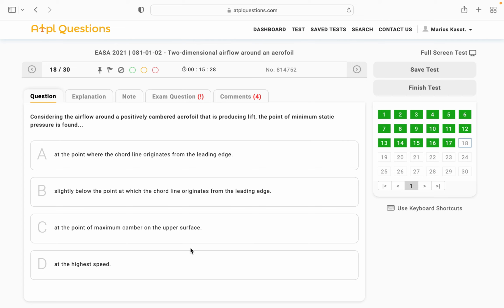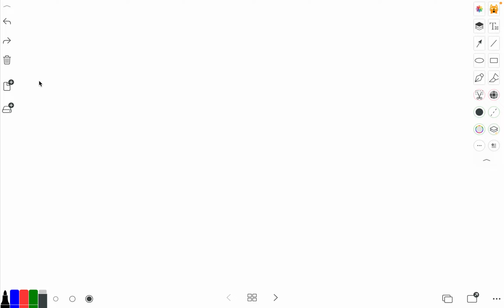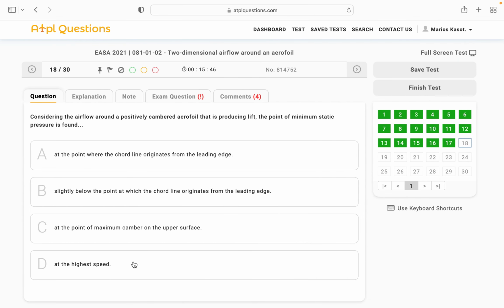Of course, it is answer D, because total pressure at all points must remain constant, static pressure plus Q, and at the highest Q we have the lowest static pressure. So the lowest static pressure is at the highest speed.